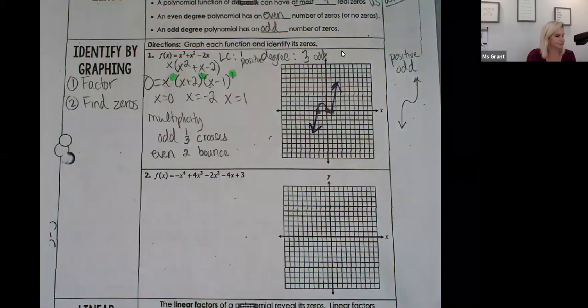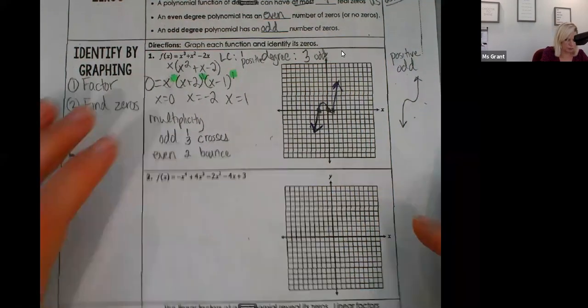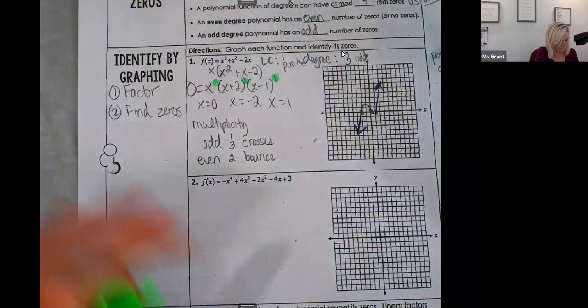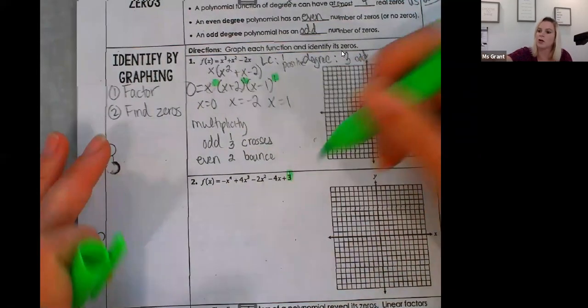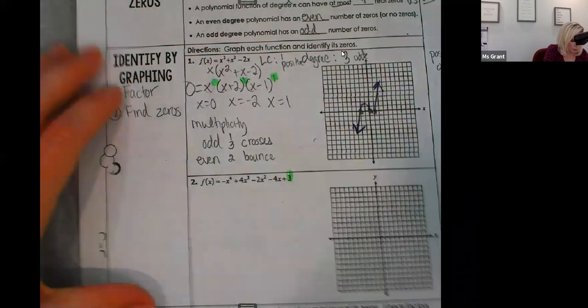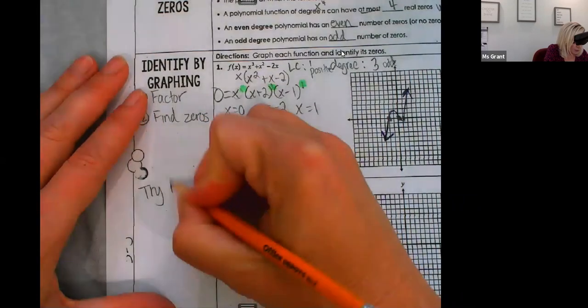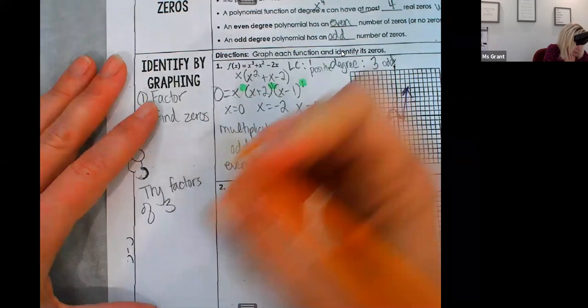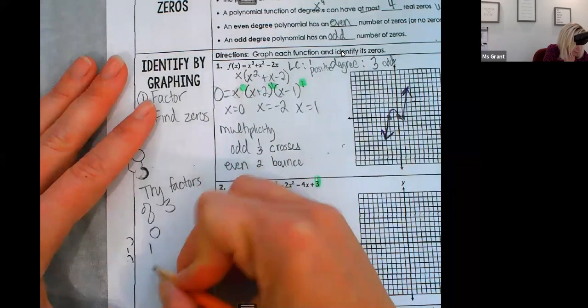I got to tell you, you got to look at this last number here, this 3. And you can only pick numbers that possibly might go into 3. There's a lot of numbers that go into 3, some fractions even. But my point is, let's pick the obvious ones. So I'm going to try factors of 3, so like 0 or 1 or -1 or 3.